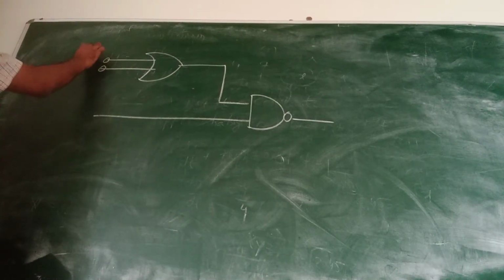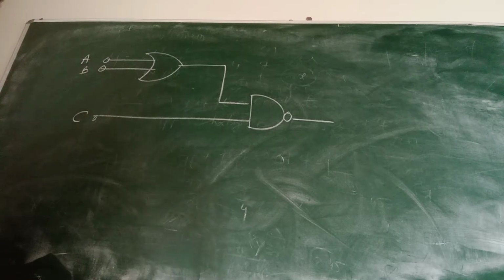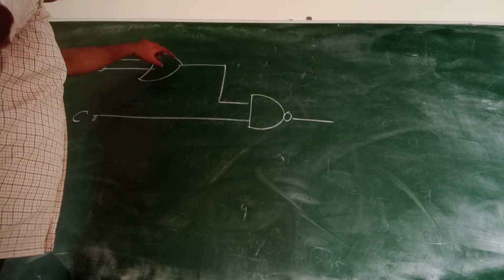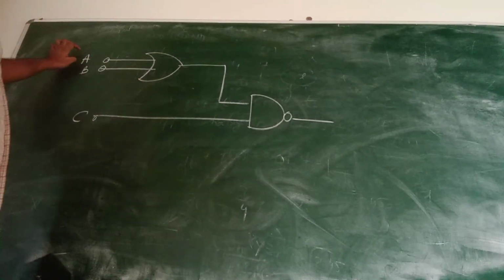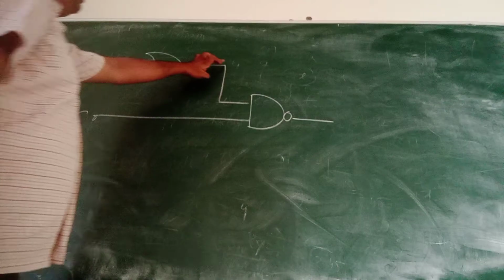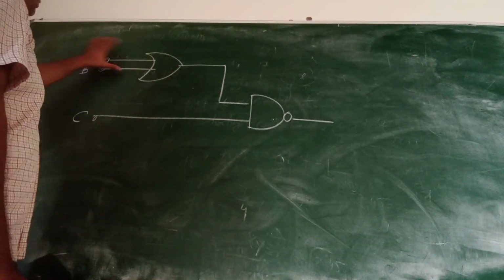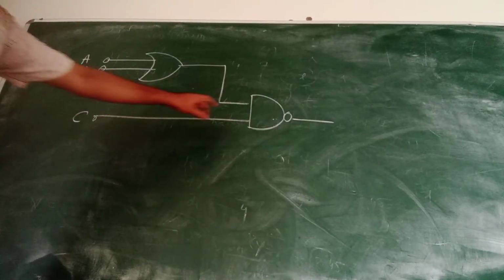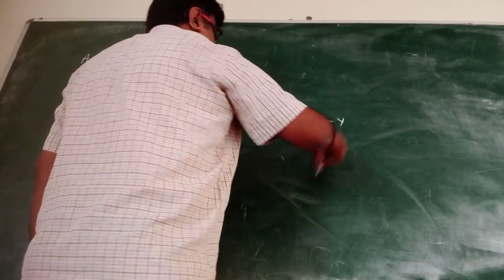Okay, this is A, this is B. A, B, C are signals and they are passing through. A and B are passing through this gate, and A and B combined are passing through this gate. So these two become one here, and for this one, this is the second signal. So finally you'll get the output here. Okay.